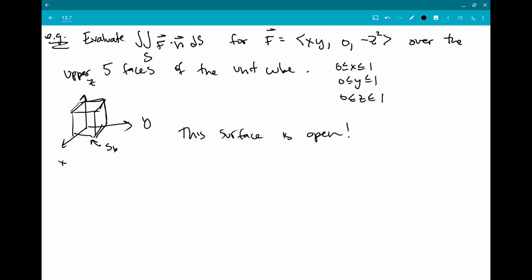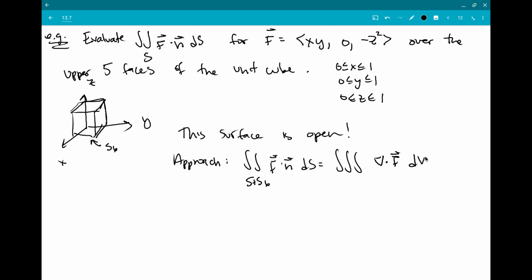And so our approach here is that I still like the divergence theorem quite a bit. So I'm going to evaluate the complete closed cube, which would be the surface given to us, the upper 5 faces, plus that empty S6 that we're not using. I can go ahead and use the divergence theorem on that one.